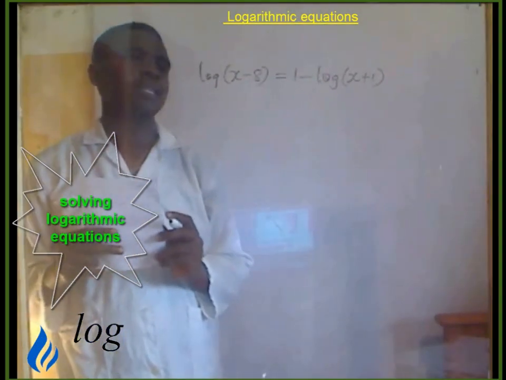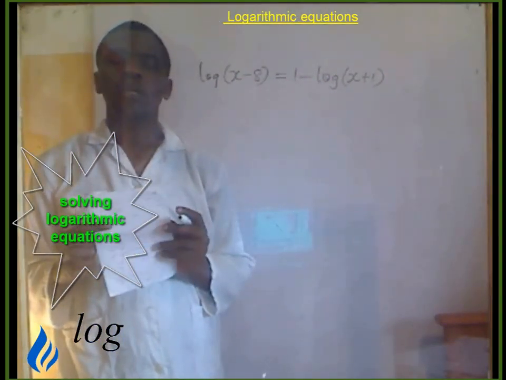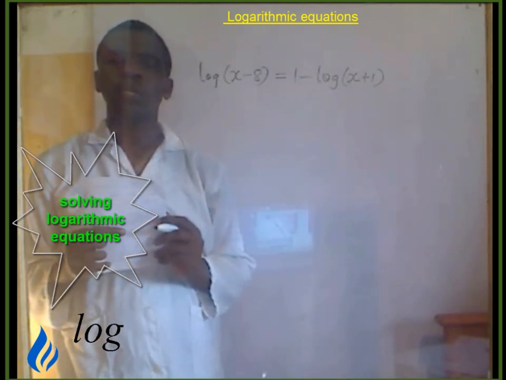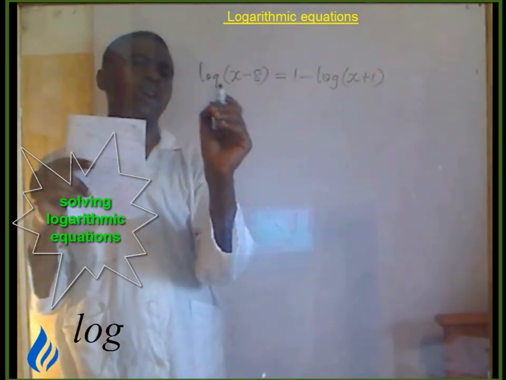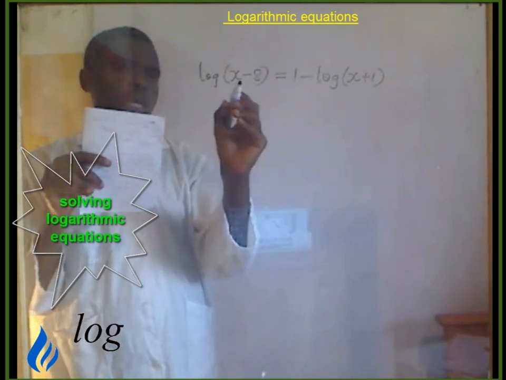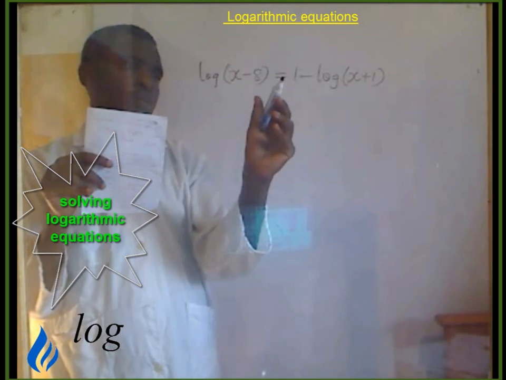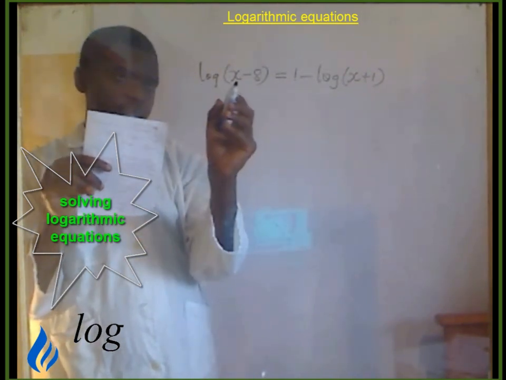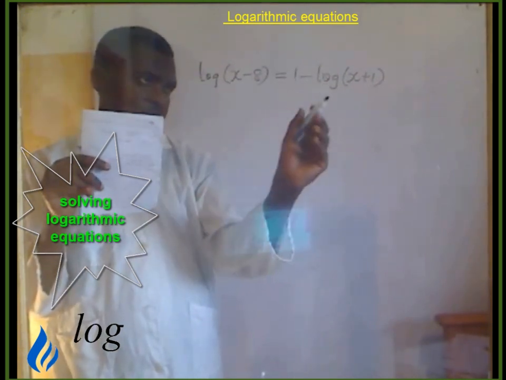Take note here that our standard logarithm is base 10. And normally, when the base is not indicated, consider the base to be the standard base, which is base 10. So here I have log base 10. We just say log of x minus 8 is equal to 1 minus logarithm of x plus 1.